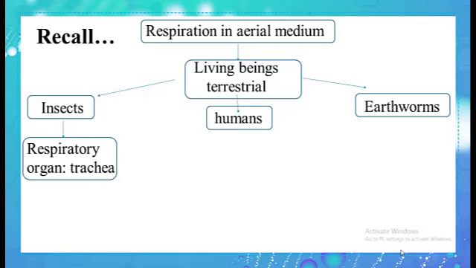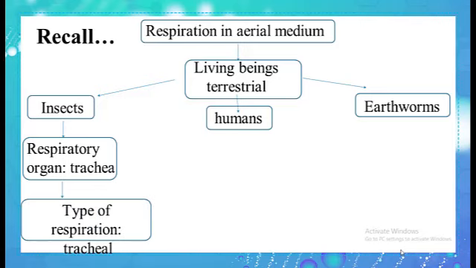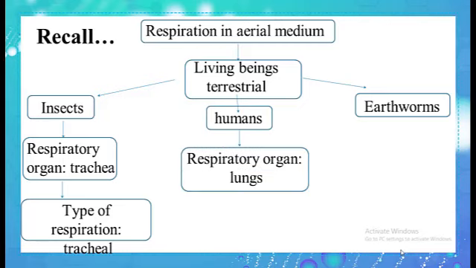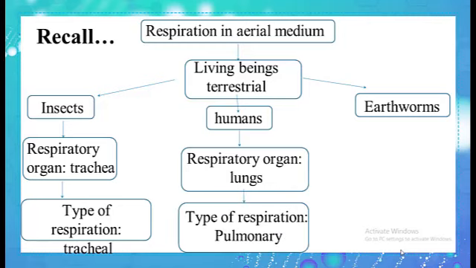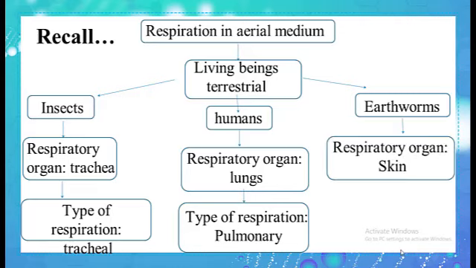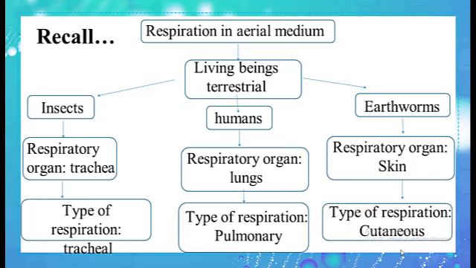The respiratory organ in insects is the trachea, so the type of respiration is tracheal respiration. The respiratory organ in humans is the lungs, so the type of respiration, as we said, is pulmonary respiration. And the respiratory organ in earthworms is the skin, so the type of respiration is cutaneous respiration.